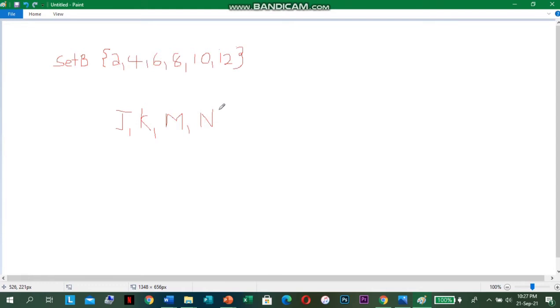Now first we have to enclose it with our curly brackets. Here am I enclosing my letters with my curly brackets.